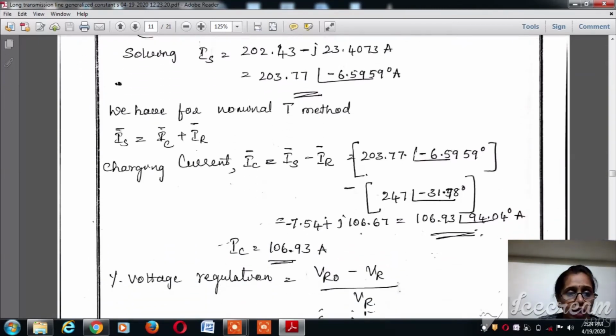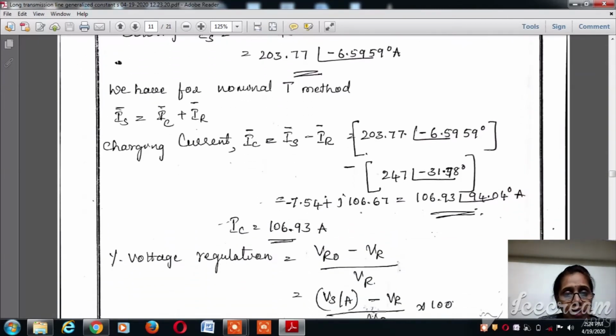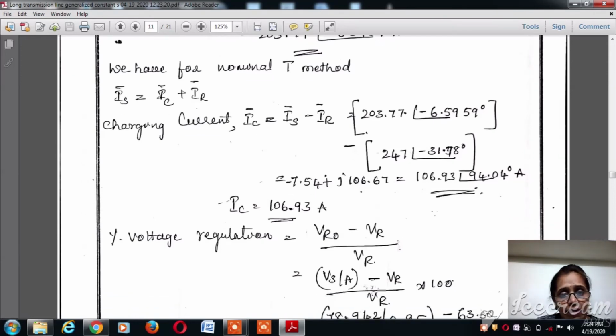So now for the nominal T method, Is is equal to Ic plus IR. This is what we have found out. Charging current Ic is flowing through the capacitance. Ic is equal to Is minus IR from this expression.